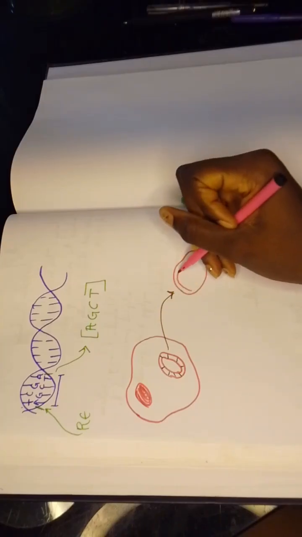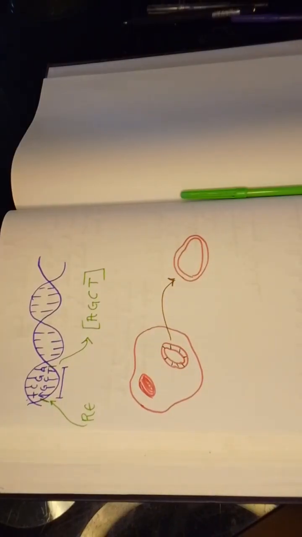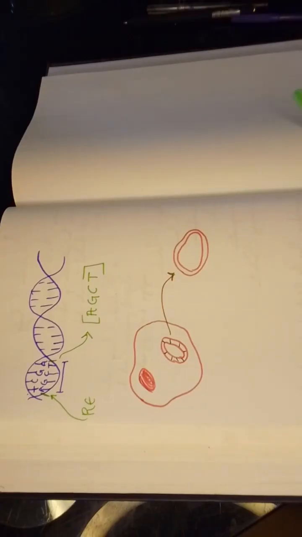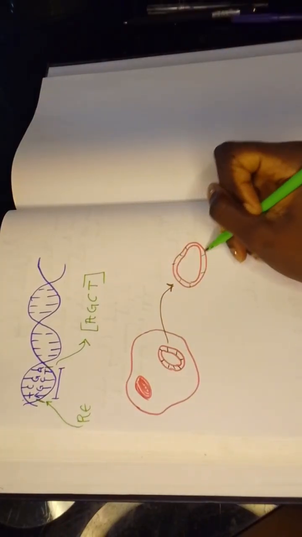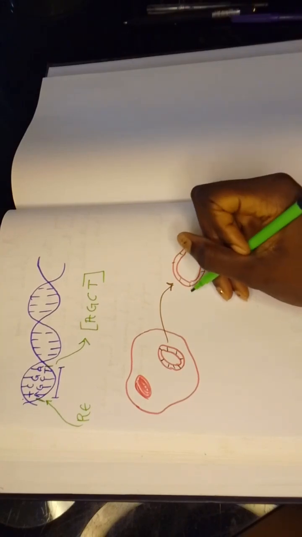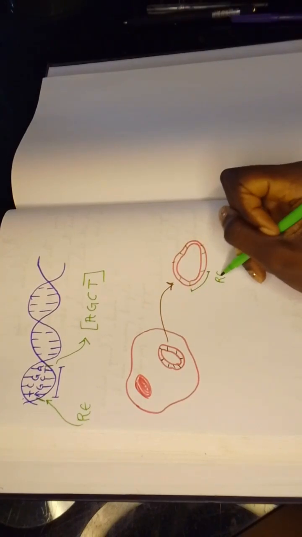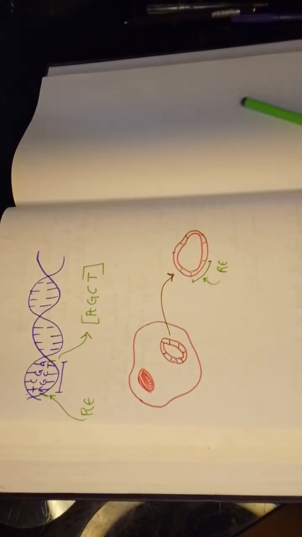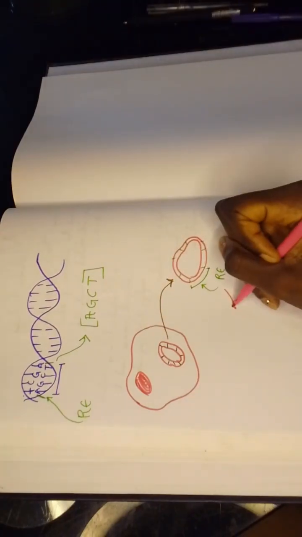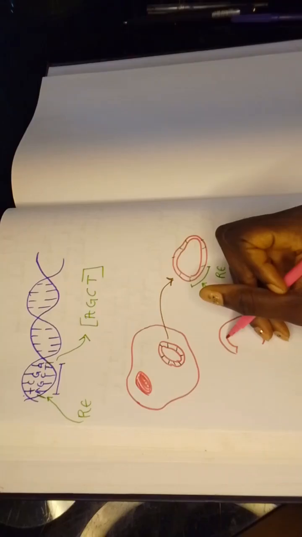and then using the same restriction enzyme, we cut out a portion of the plasmid. That restriction enzyme works here, cuts out this portion, and then the plasmid would have a missing portion.